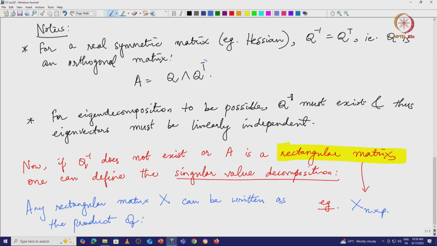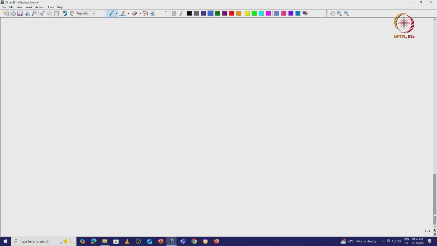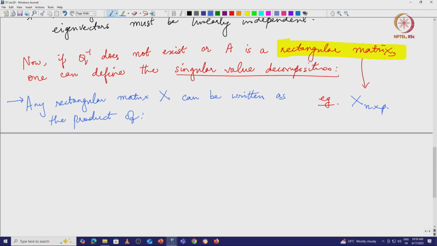So, just like there were 3 matrices here, Q lambda Q inverse or Q lambda Q transpose for a real symmetric matrix, here for any rectangular matrix you can write it as the product of 3 matrices, and I will define these matrices now.